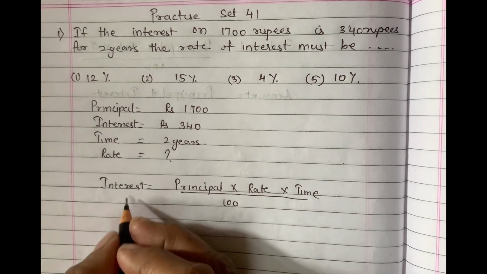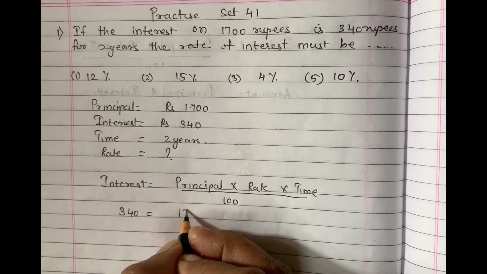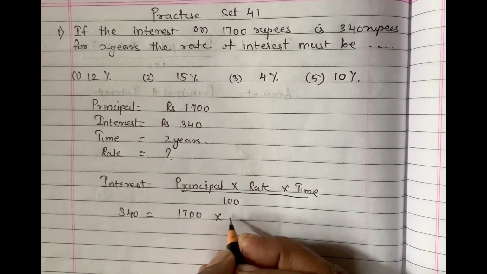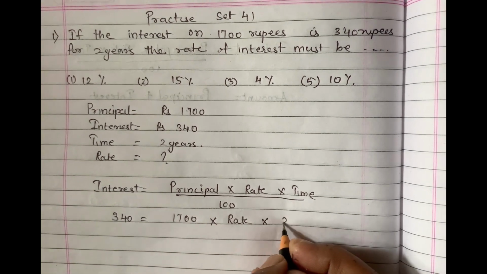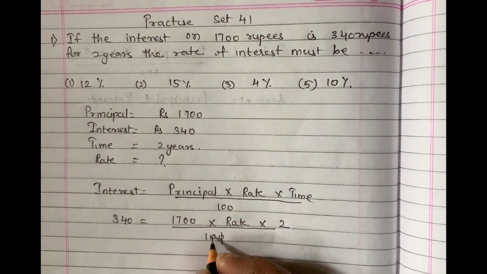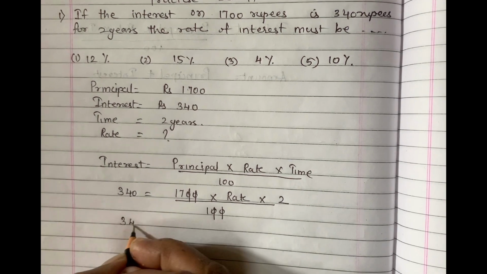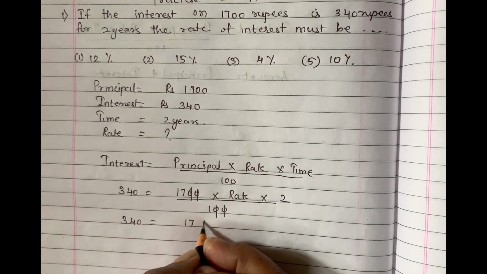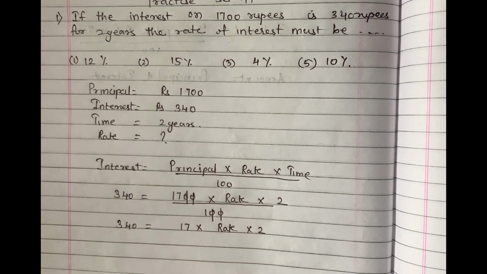Now what is the interest? Interest is 340. What is the principal? 1700. Rate you don't know. We are going to calculate the rate. Time is how much? 2 upon 100. Now 0, 0 here, also 0, 0 get cancelled. So 340 equal to 17 into rate into 2.